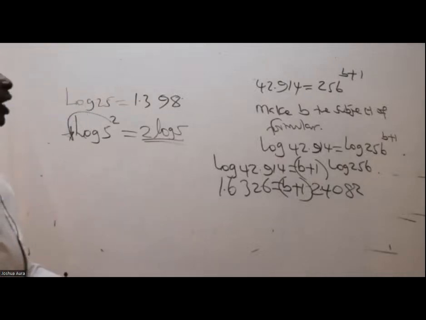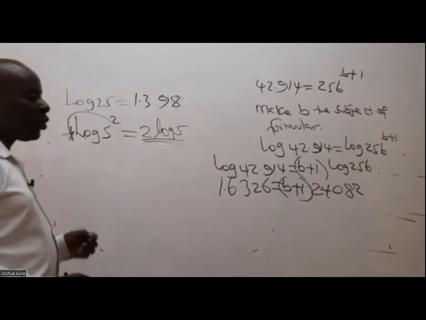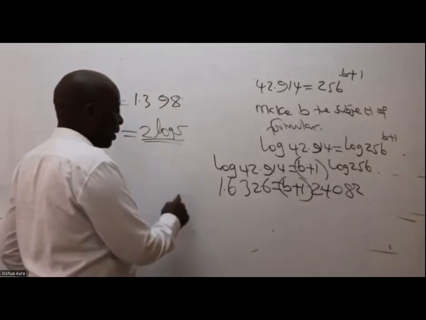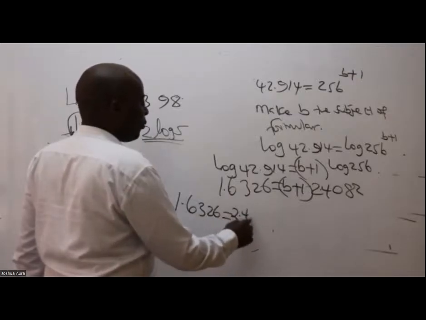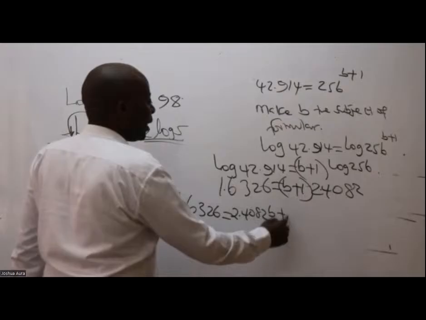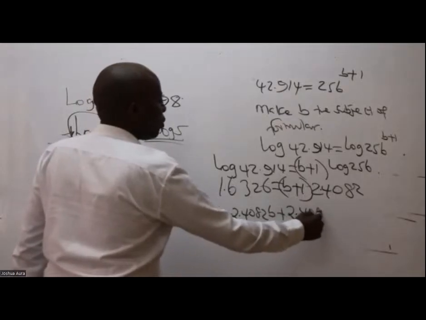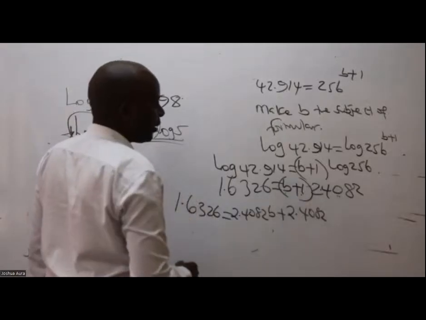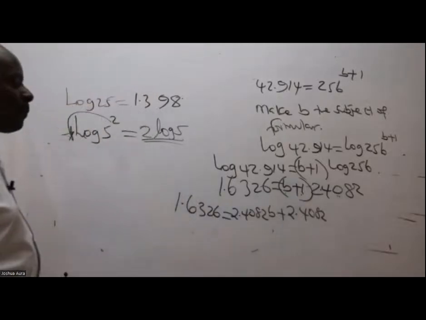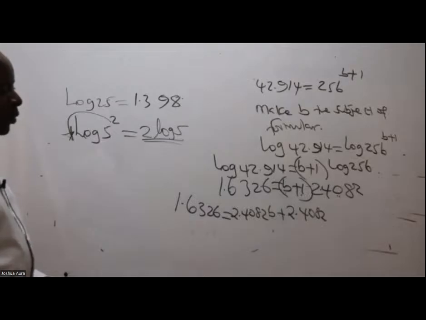Now, I would want you guys to proceed and give me the value of b. So this will be 1.6326 equals 2.4082b plus 2.4082, like that, when I spread this inside there.